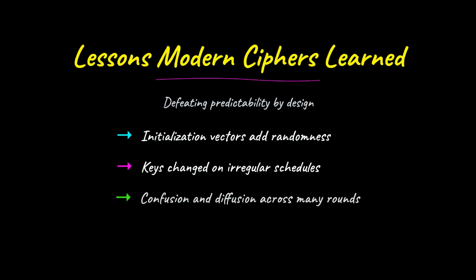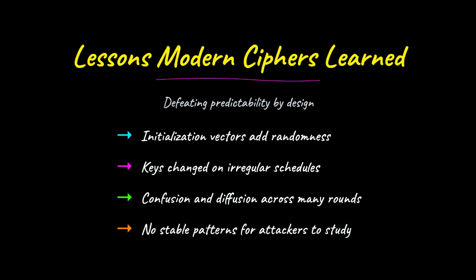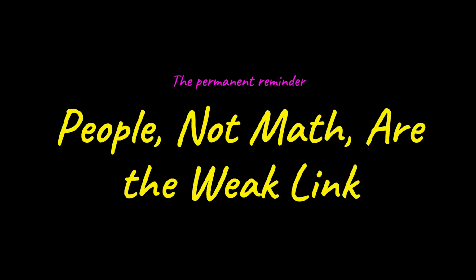Keys are changed on irregular schedules instead of predictable ones. And confusion and diffusion, spread across many rounds, ensure guessable plaintext never becomes a guessable key. Strong algorithms are common. Strong operation is rare and hard. When real systems fall, it's usually a reused key or a careless habit, not a defeat of the mathematics itself.